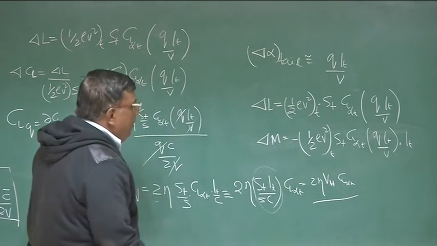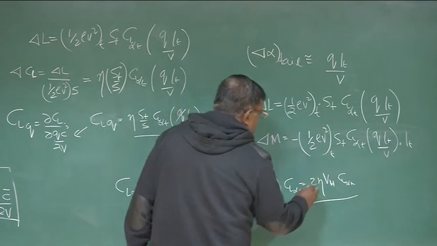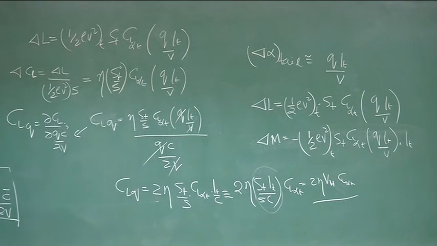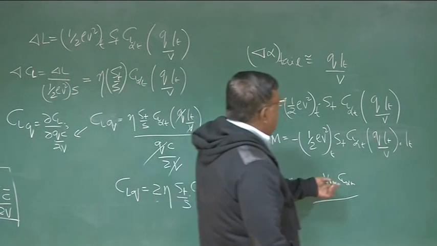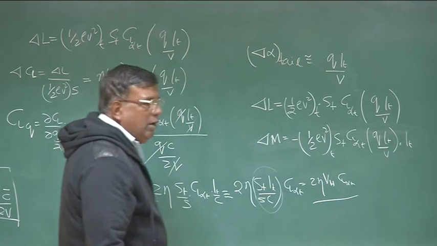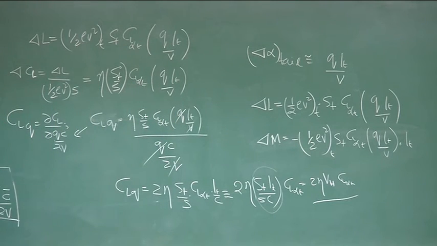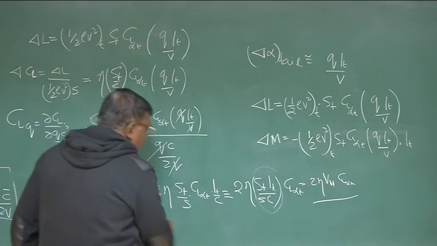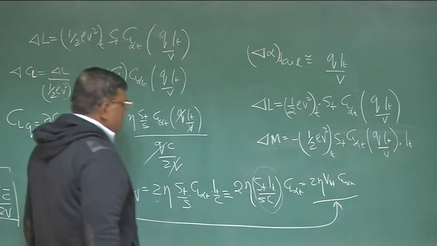VH is the tail volume ratio. So what is the message? The message is, if I know the tail volume ratio, if I know CL alpha of the tail and eta will be around 1, I can easily calculate CLQ, because CLQ is equal to this expression.